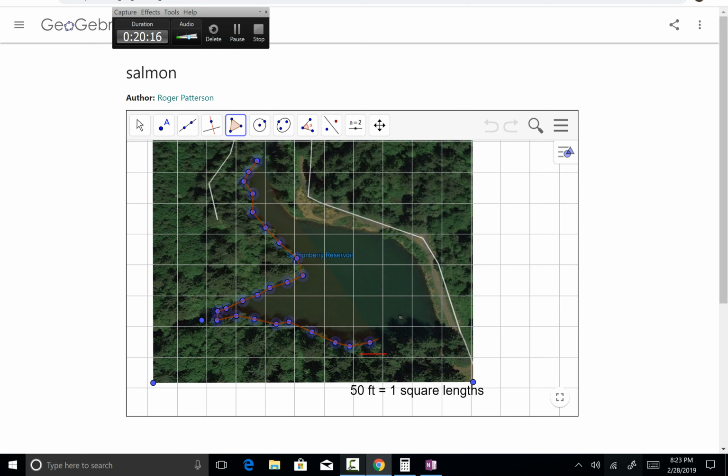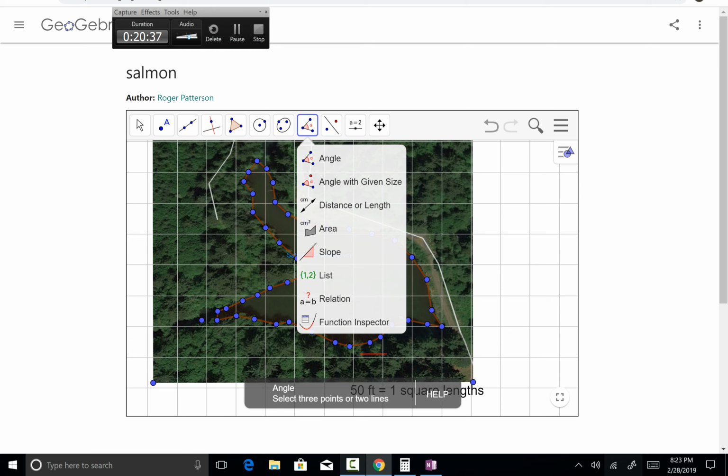The closer you are to outlining it, the better. So there is a polygon that pretty much resembles Salmonberry Reservoir.